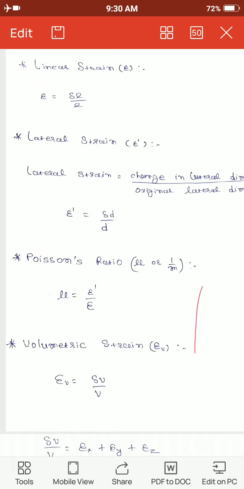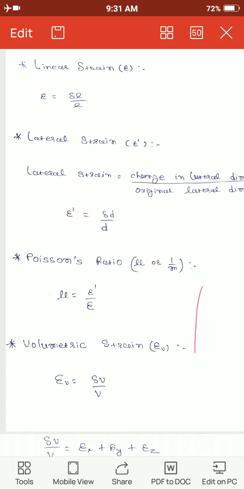If we apply force in x direction, then the length will change in x direction, and this elongation we call delta L. For that dimension, the original length we call L, and the ratio of that will be the linear strain epsilon.